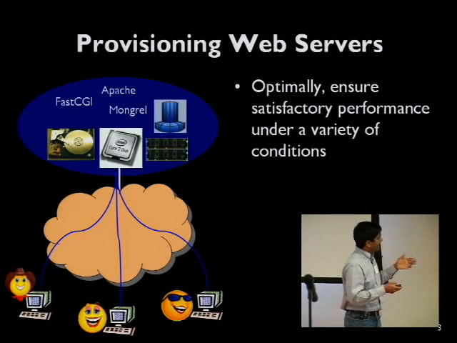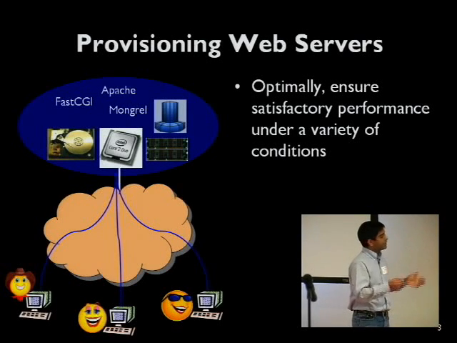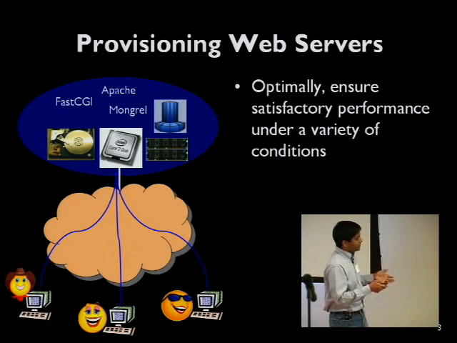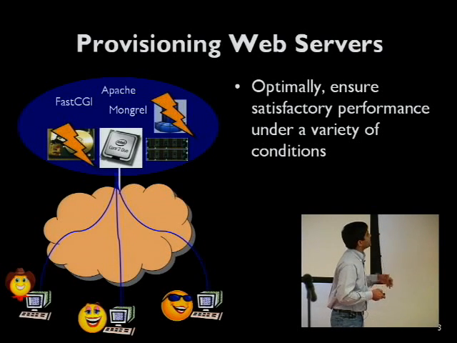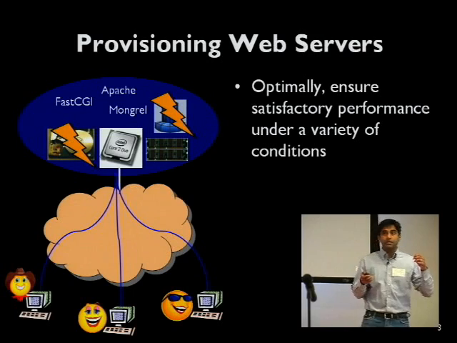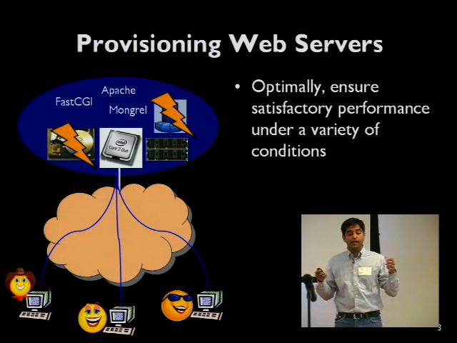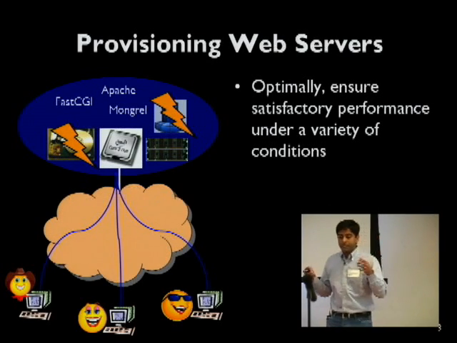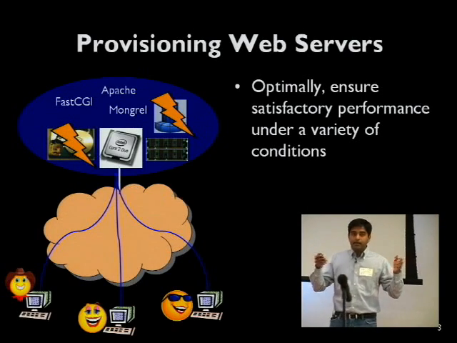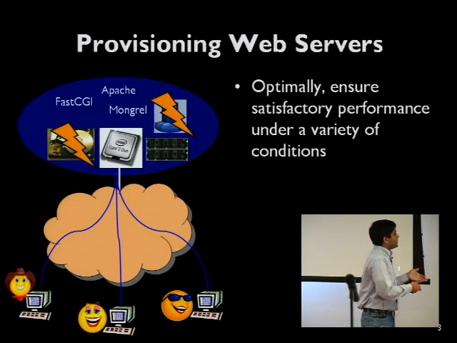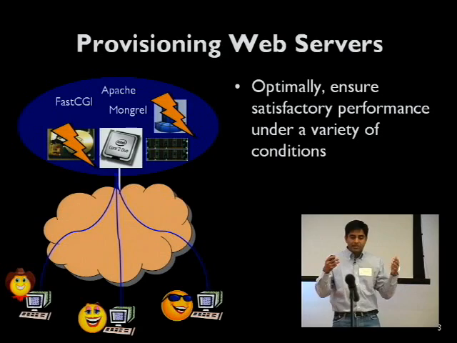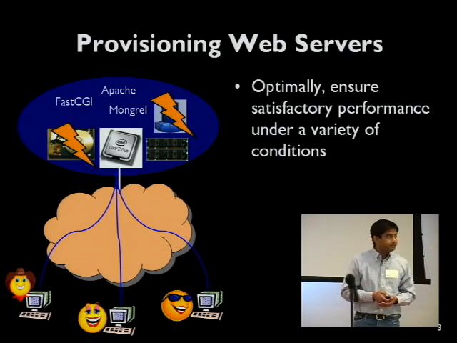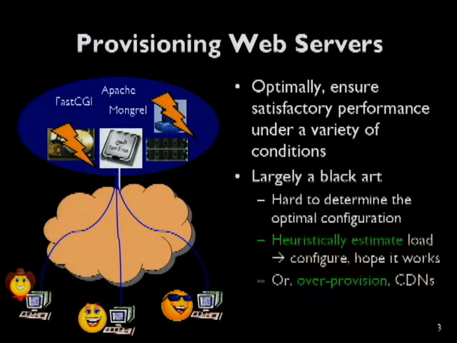You want to make sure that when things are lightly loaded, everybody stays happy, or under certain situations where there is a sudden interest in a particular stored media file, or a particular object in a shopping cart, even then the clients continue to stay happy, and they get the expected response times and so on. Now, determining this optimal configuration that works under a broad range of operating conditions is a black art. It's not really easy to do this.